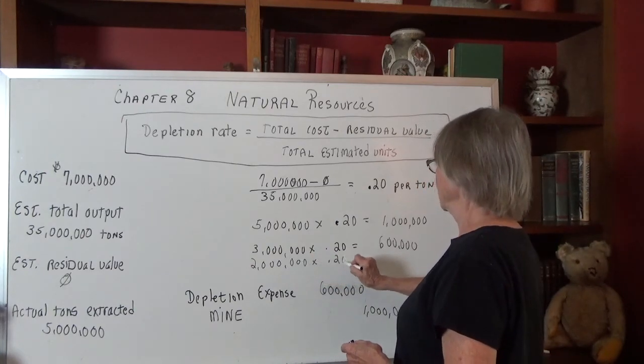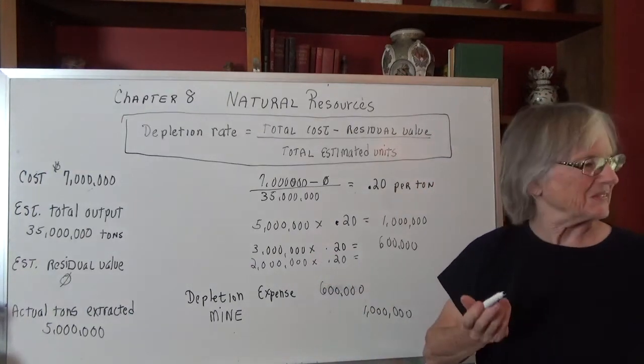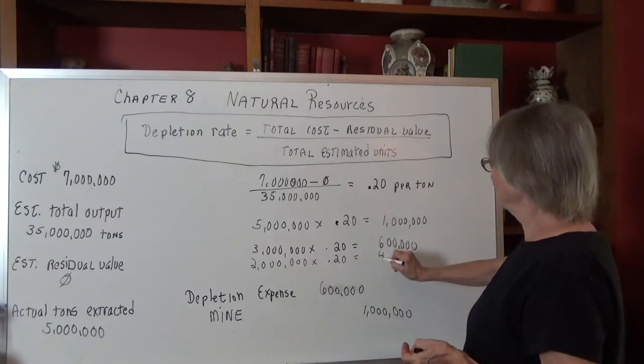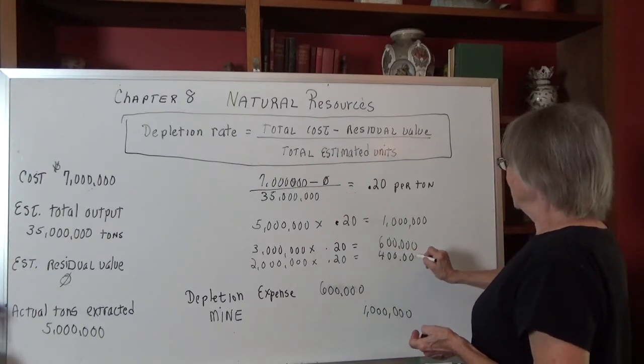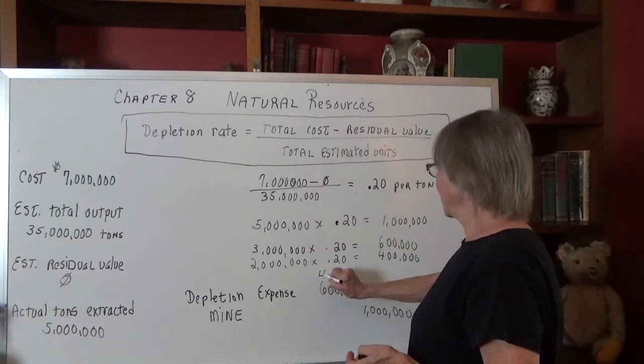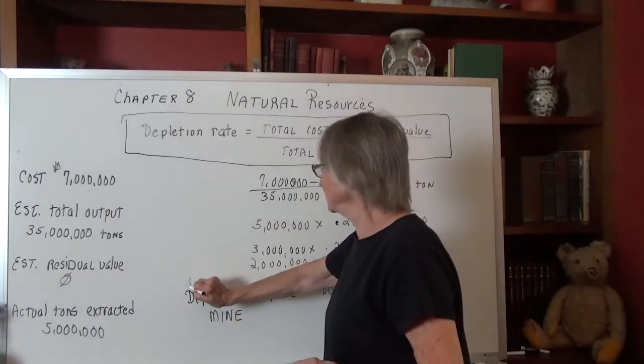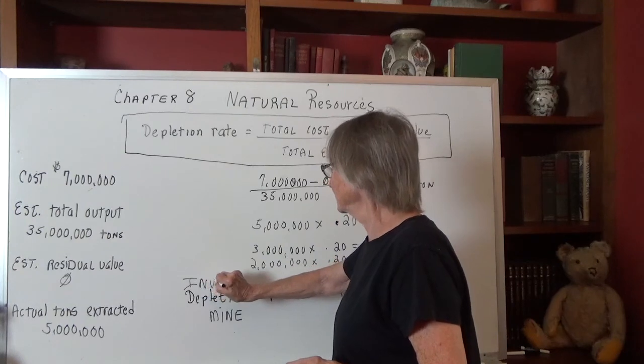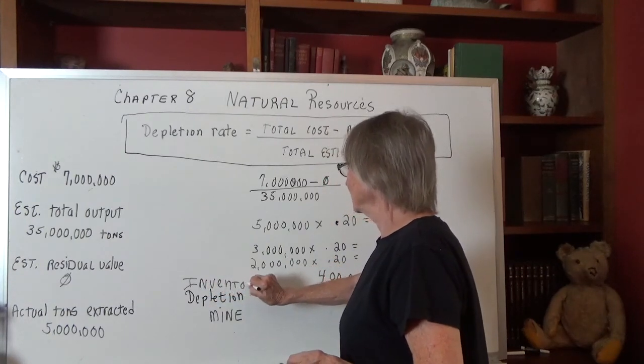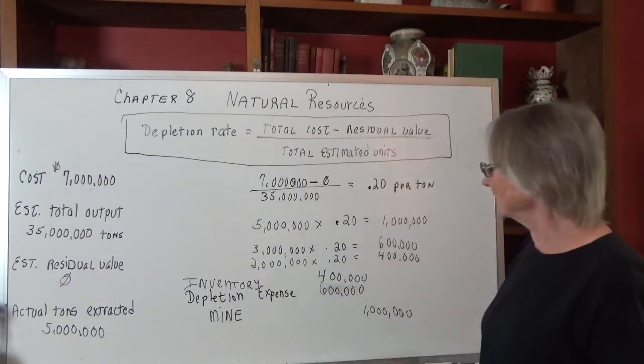Obviously there are other ways you could do this, but that would be the 400,000. And the 400,000, if it's mined and not sold, means we still have it, and so that would be called inventory. Okay, so that's the only real complication to that.